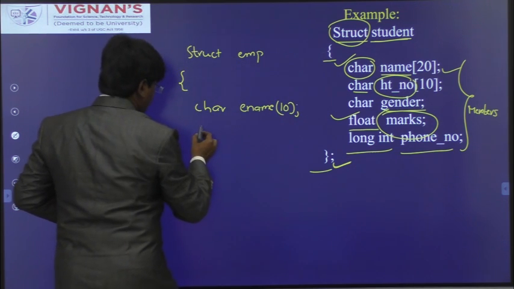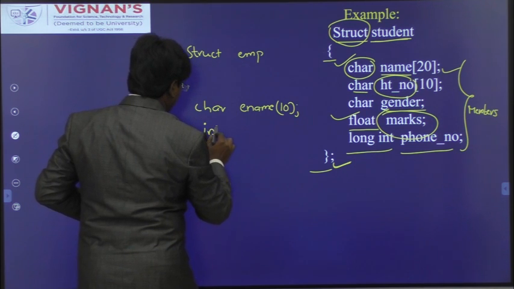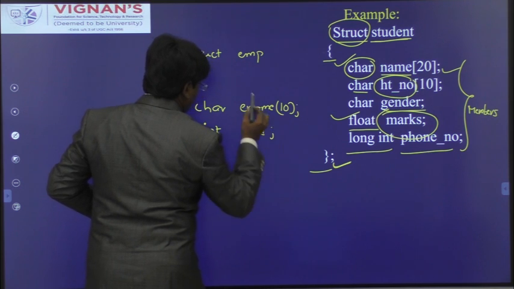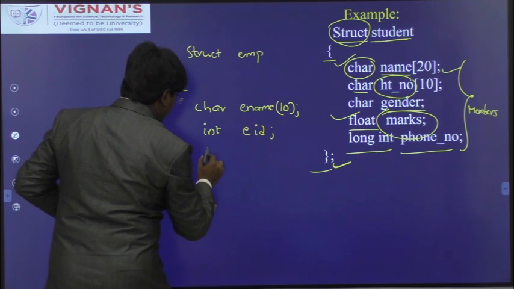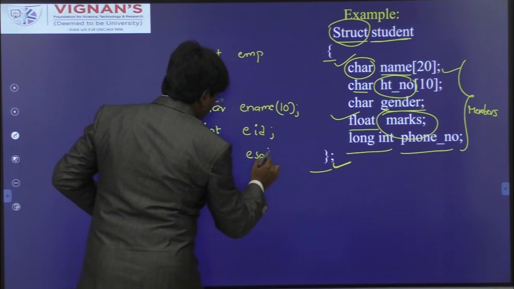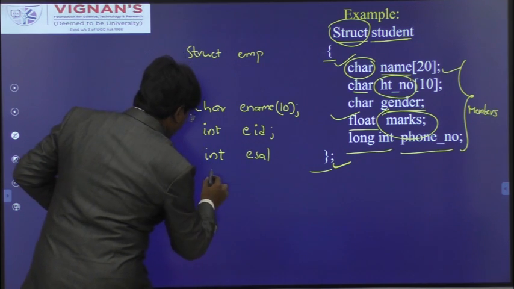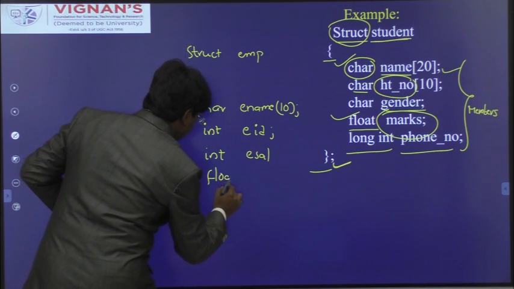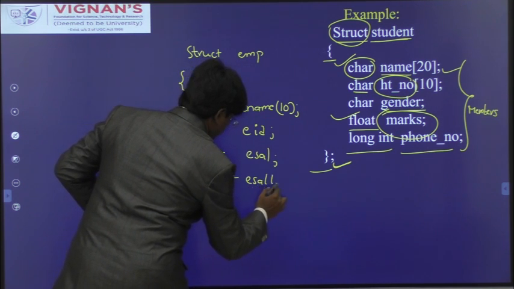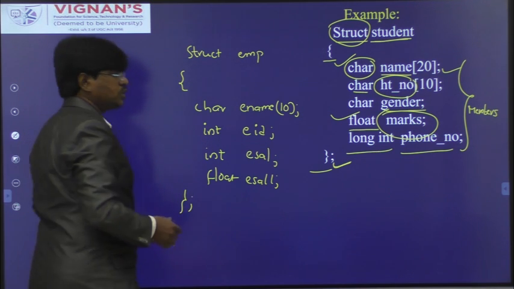After that, employee ID, which generally consists of an integer, eid, and after that I have taken another, eSalary. Sometimes we will take a float also. So I have taken two attributes. After the end of this statement, I have ended with a semicolon.